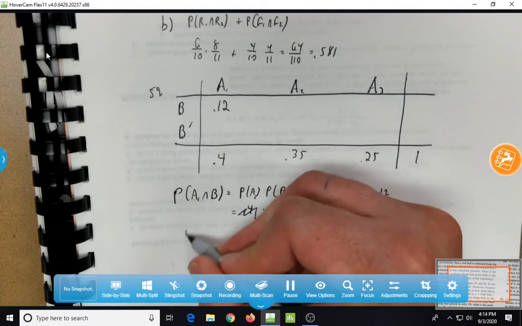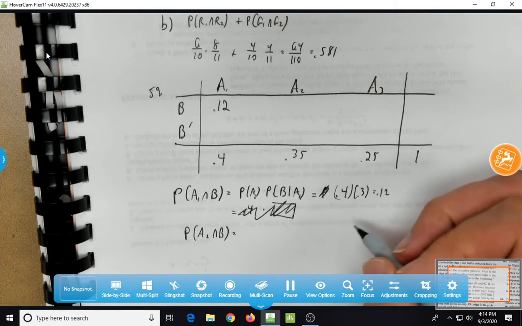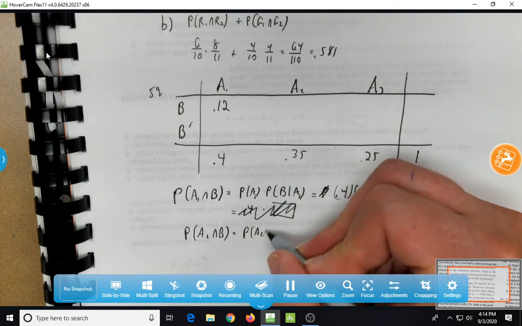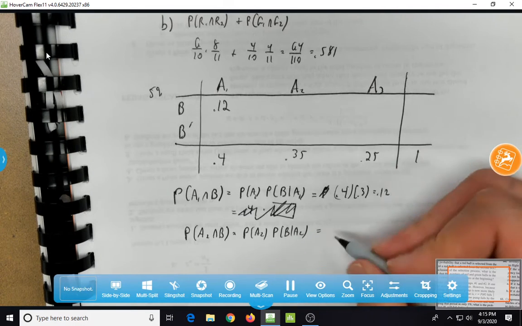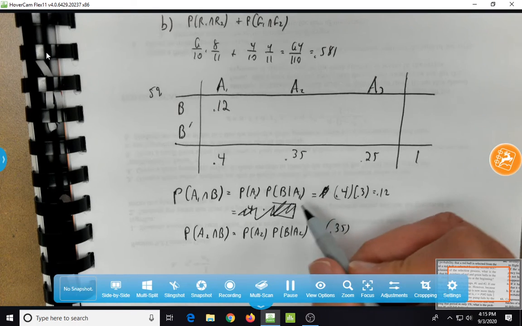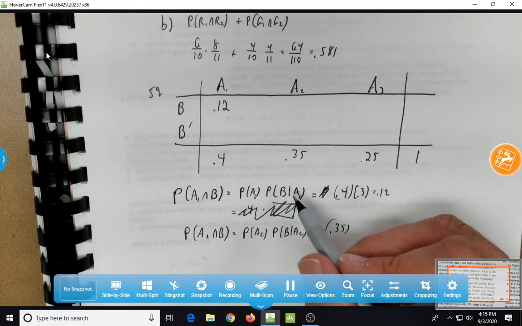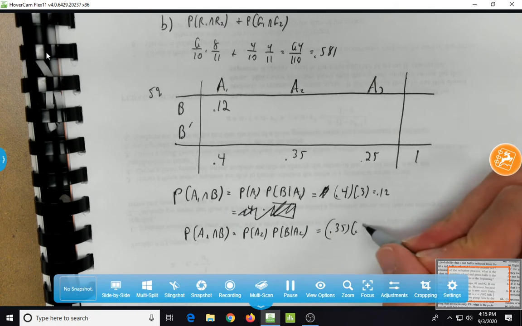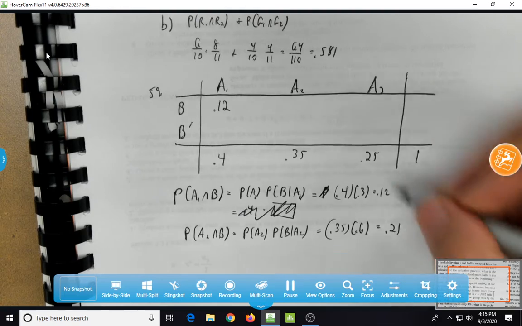Let's try the probability of A2 intersect B. Here I know the probability of A2 times the probability of B given A2. The probability of A2 is 0.35. Knowing that someone uses plus gas, the probability that they fill it up is 60%, and if I multiply those together, I get 0.21.